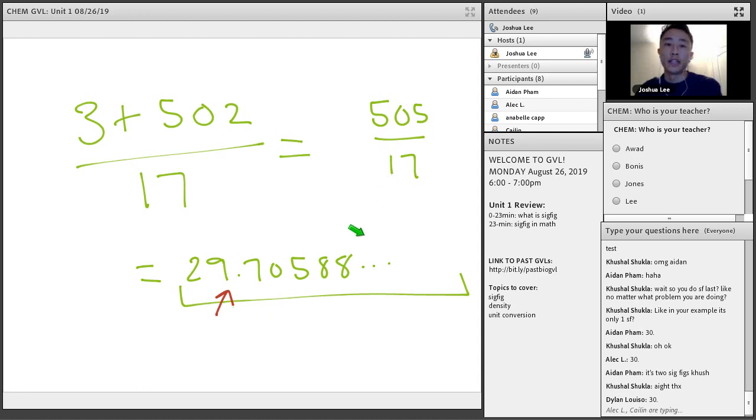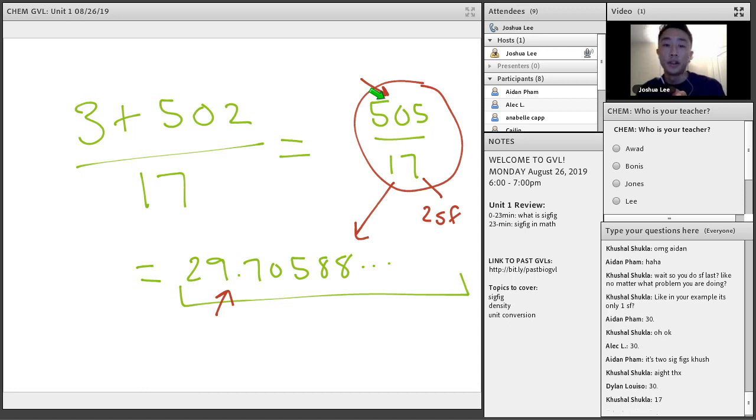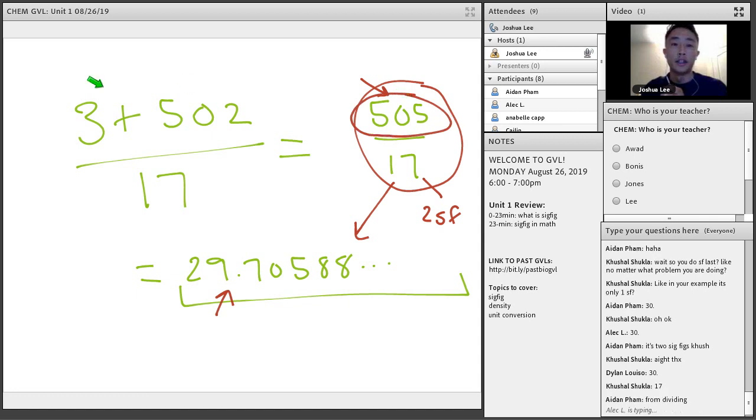This is division, and this has two sig figs. This looks like it has 3, but where did I just get this number? I got this number from this addition part right here.